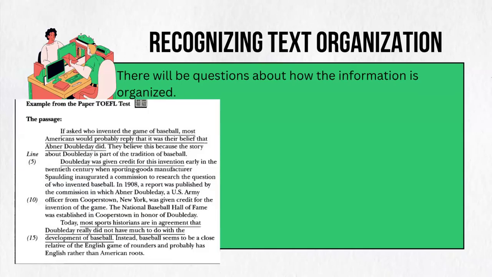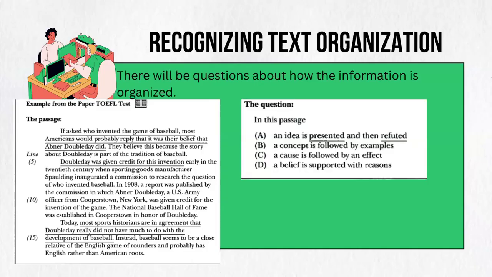This is an example question from the TOEFL test, and this is what a passage would look like. There are going to be shorter and longer passages. Remember that the exam is organized from easy to difficult questions. So the first questions might include just a paragraph or short texts like this one.